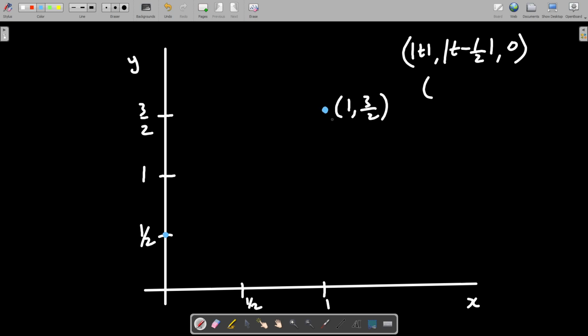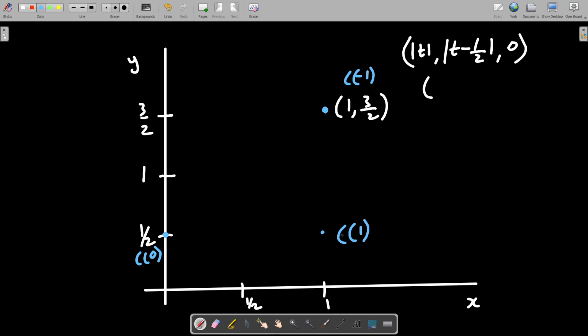When t is equal to 1, what will happen? We get 1 comma half comma 0. Where is 1 comma half? Here it is. I missed a point in between, no? At t equal to 0 we calculated here. So this is c of minus 1, this is c of 0 over here, c of plus 1 we calculated here.